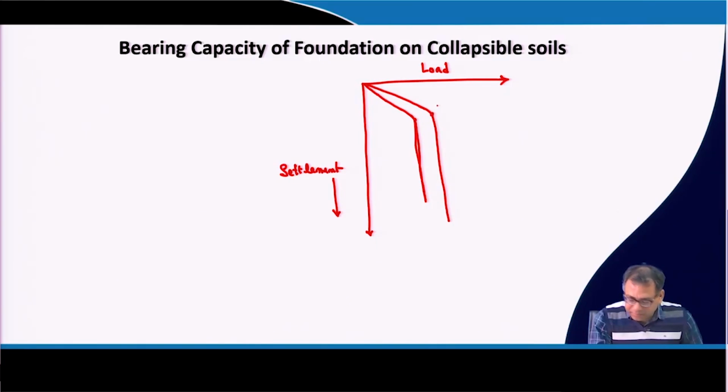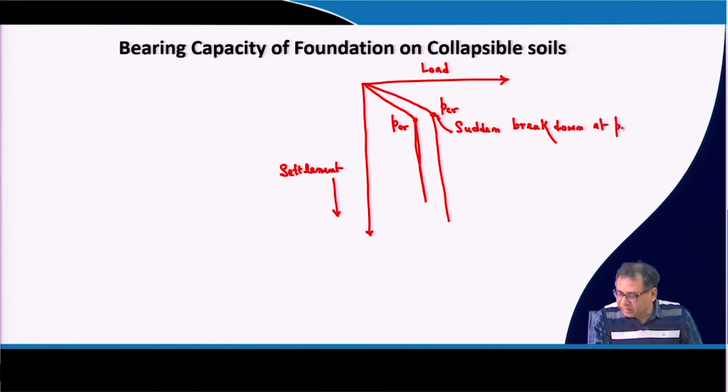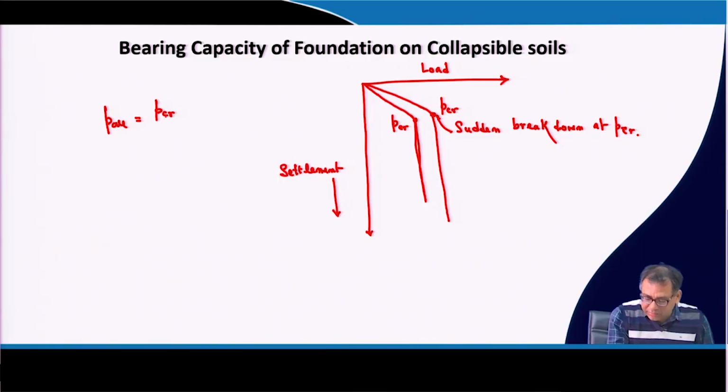So, this point is called pre-collapse, or critical stress or critical pressure, or we can say this is the sudden breakdown at this point. Now, the P allowable will be the pre-collapse pressure we have to determine, divided by the factor of safety.